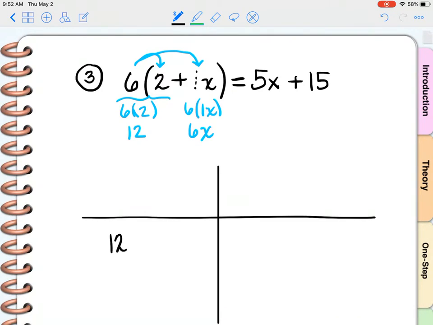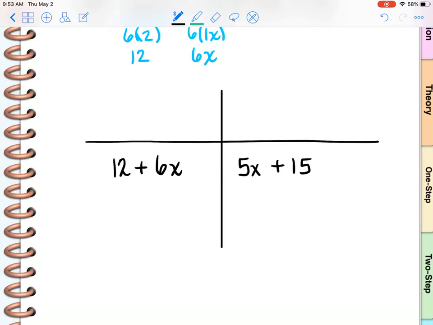So we have 12 plus 6x, 5x plus 15, and we have a letter, a variable on both sides. So figure out which is the boss. And in this case, it's the 6. Not by much, but it's a little bit bigger. And then on the other side is the constant.